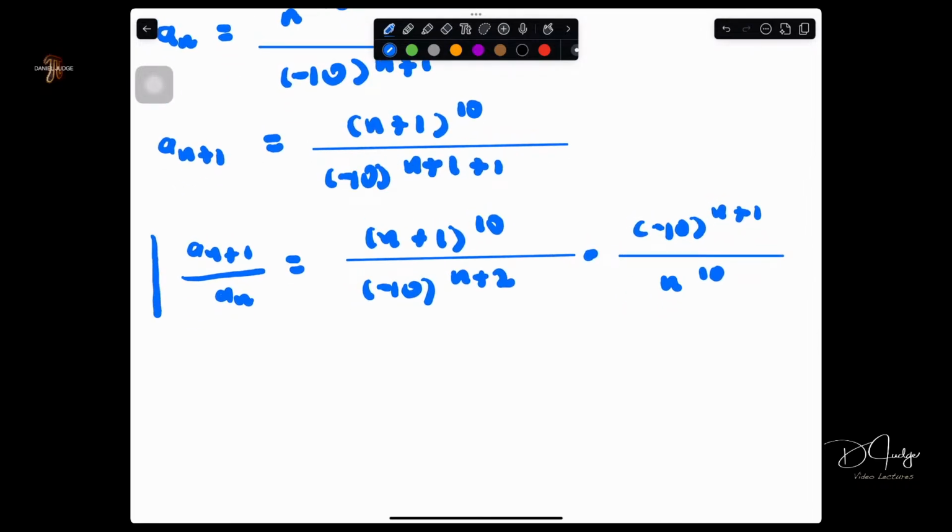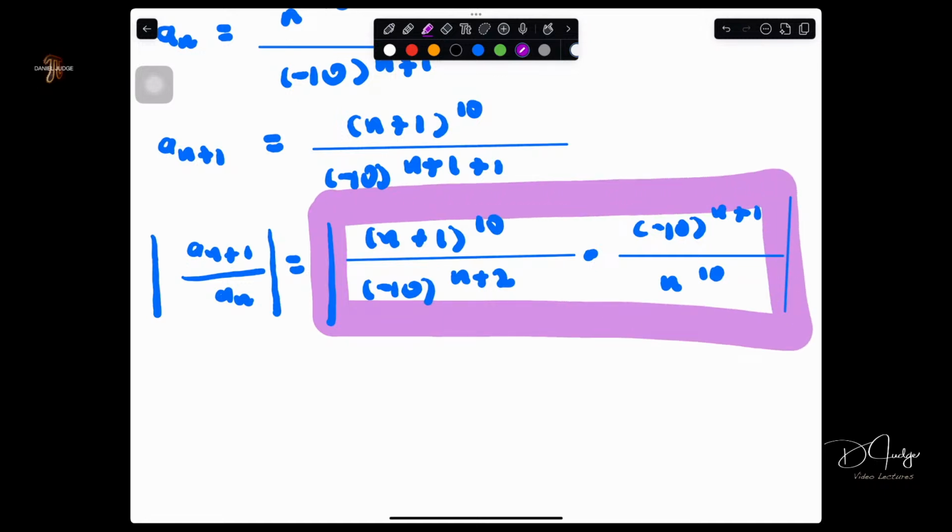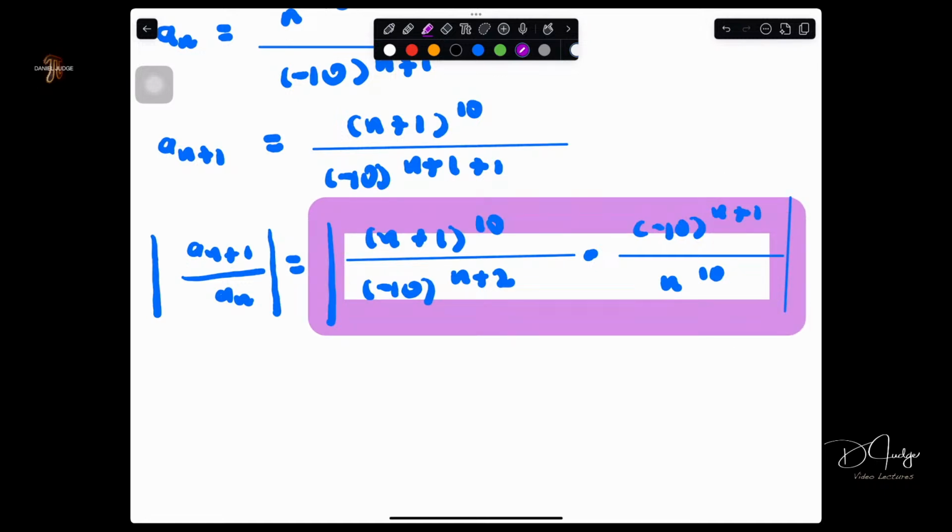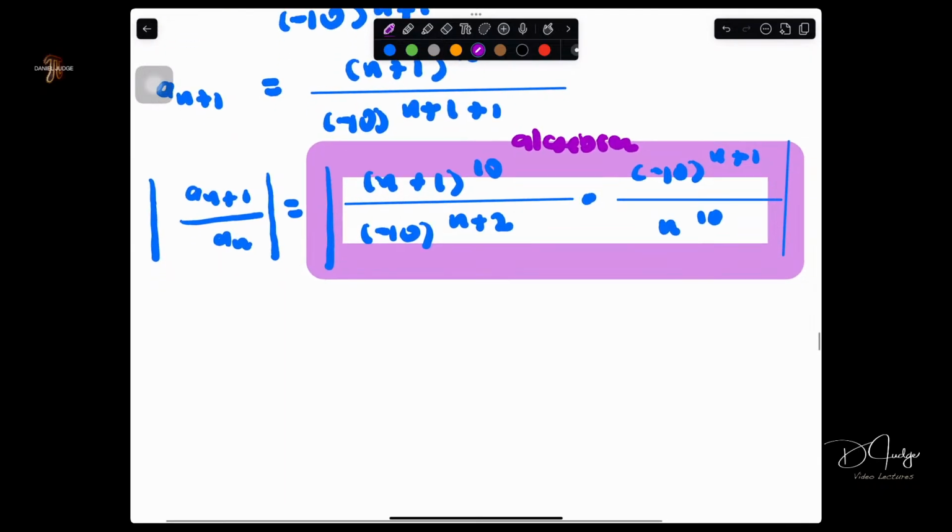Now, we're going to look at this in absolute value again. So this is where we're going to use the algebra that we've been talking about here. And let's see what we get now.